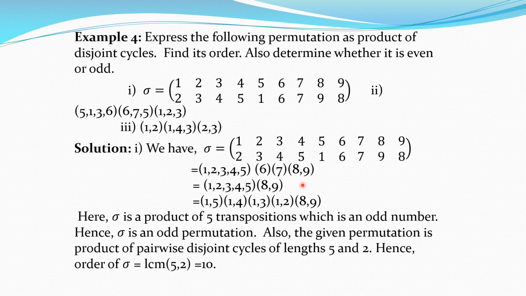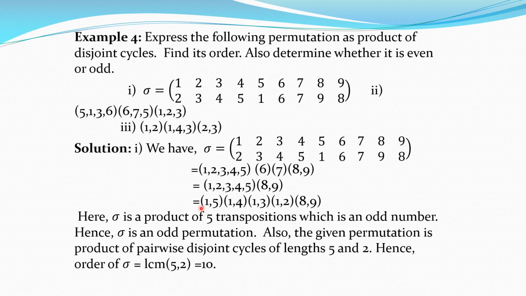Now, we have to decide its order also. Sigma is not a single cycle. So, to find its order, consider all these cycles. Each cycle is of length 2 here, but we can't consider this part, because whenever we have to find the order of a permutation, we have to consider that permutation expressed as a product of disjoint cycles.